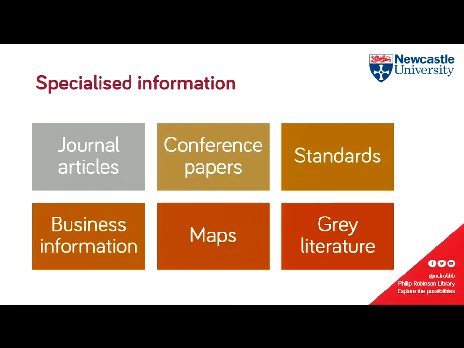There's the original research, and then there's also review articles. You can limit your search in library search and in the other databases to look specifically for review articles. And these are really useful if you're quite new to a discipline or a research area, because it'll give you a list of names of the type of people who are publishing and researching in that area, and so you can focus on those individuals and follow them up from there.